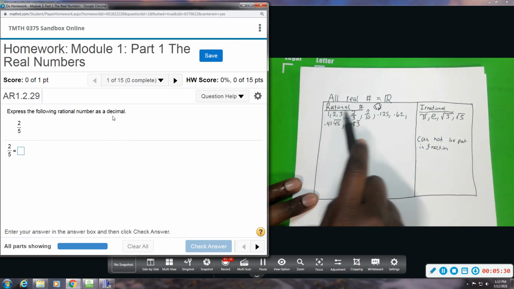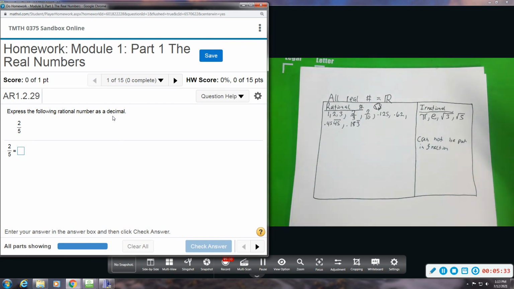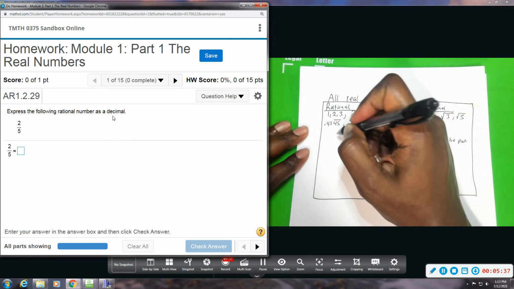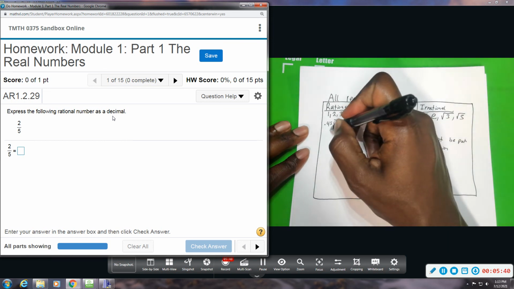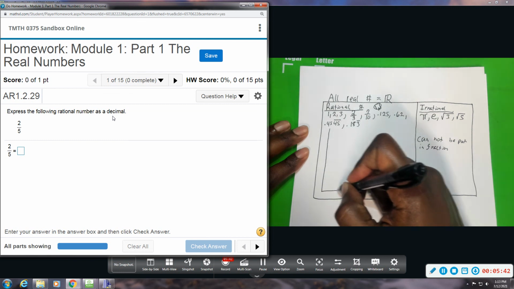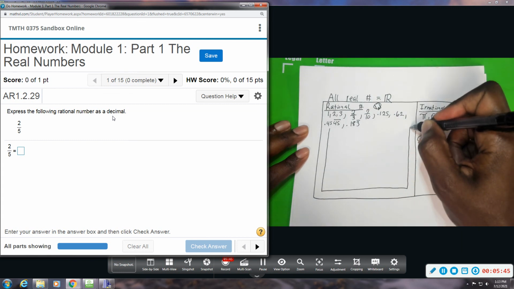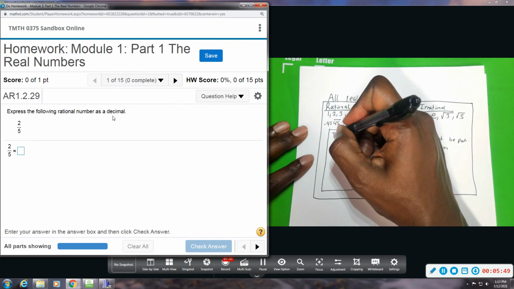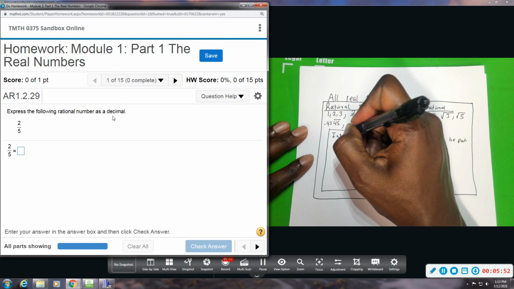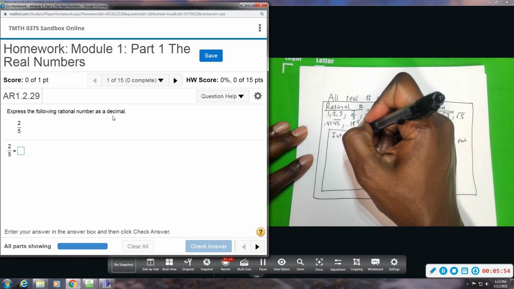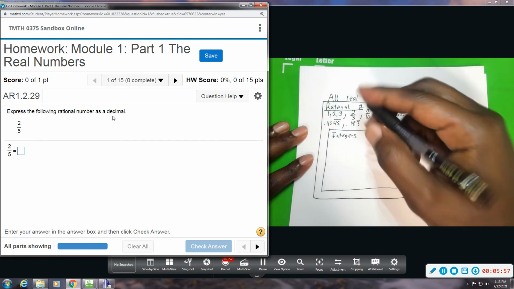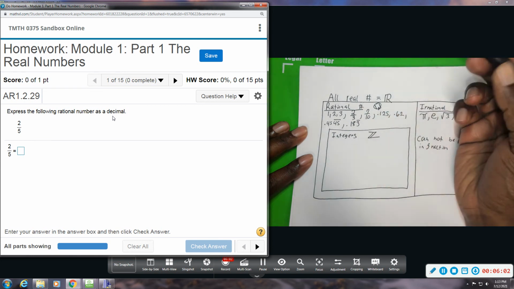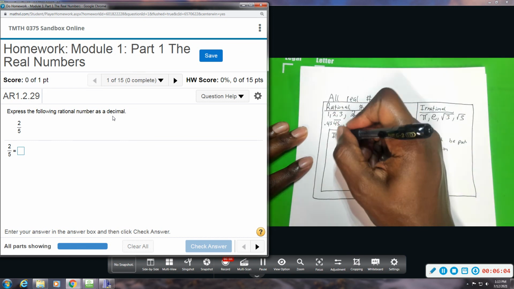Now, inside of the rational numbers, we have subgroups, so there are smaller groups that we break down. So the next smaller group contained within rational numbers, and of course all of these are real, would be the integers. All right, integers are denoted by this boldface Z. These would include negative and positive whole numbers.